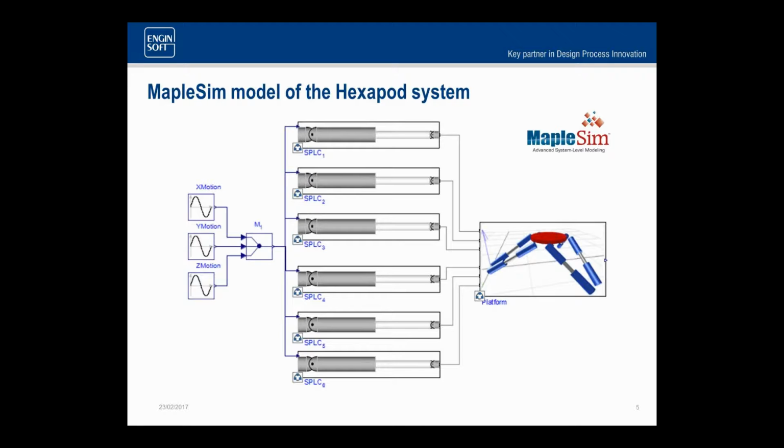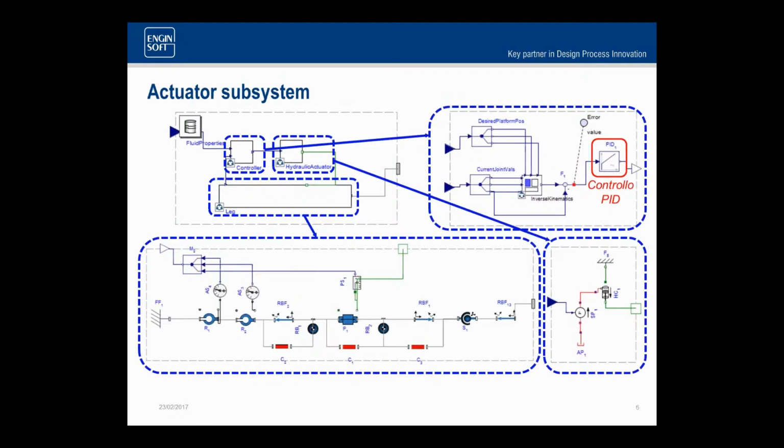You can see here the input as a trajectory given with X, Y, and Z motion passed on to the actuators and then the resulting platform. Here we can see the detail of one of the actuator subsystems, squared in red. At the very core of the feedback loop there is the PID controller.